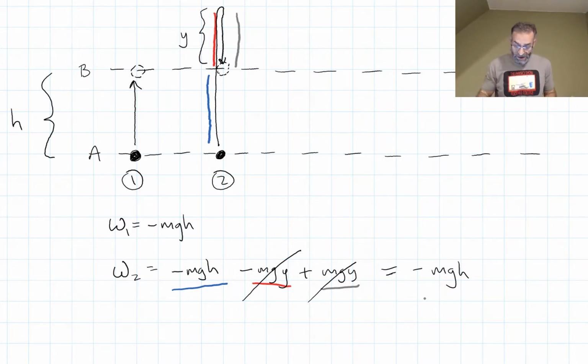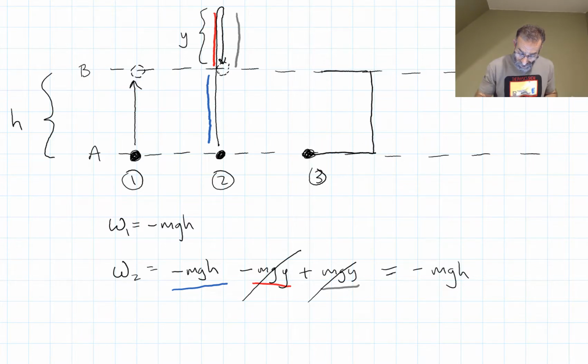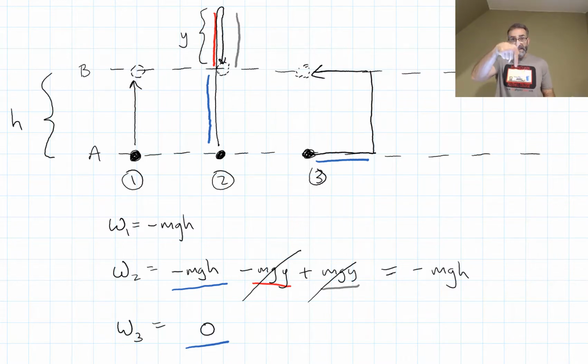Let's take a look at another path. We'll call this path 3. And for path 3, we're going to move in this direction, and then we're going to go up, and then we're going to move over here. And we're going to end up right above where we started. And the work done along path 3 is going to be the work done on this side, which is just 0, because the force of gravity is down and the displacement is to the right, and they form a 90-degree angle.